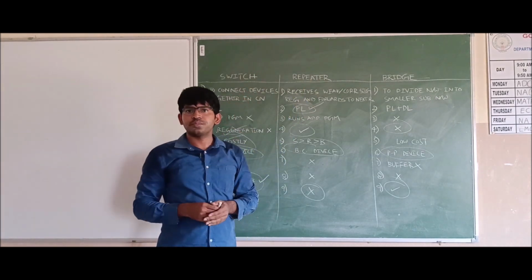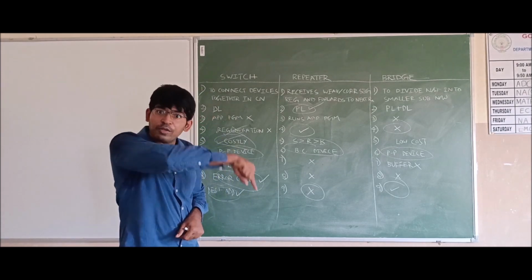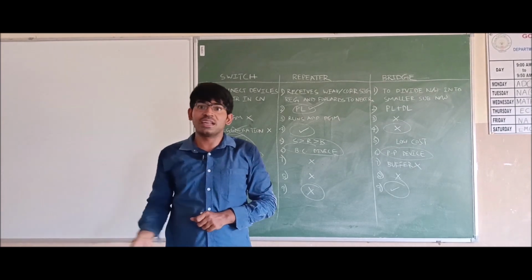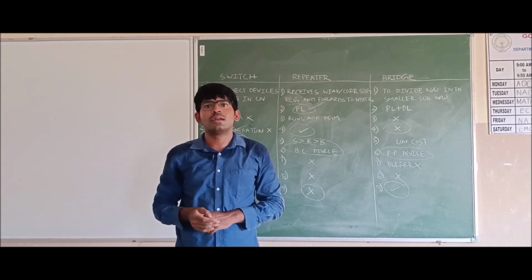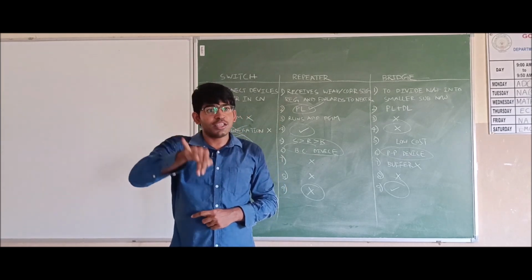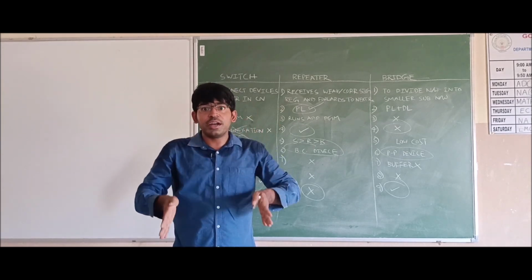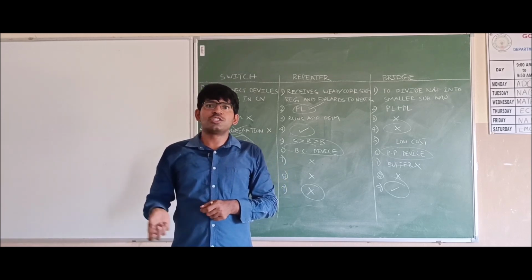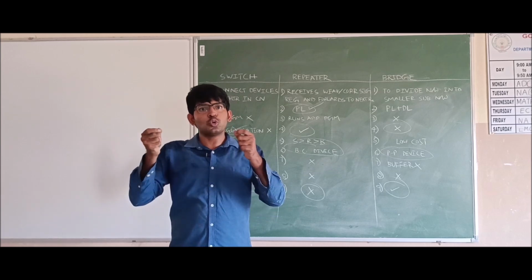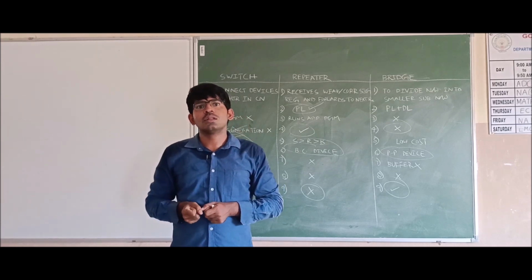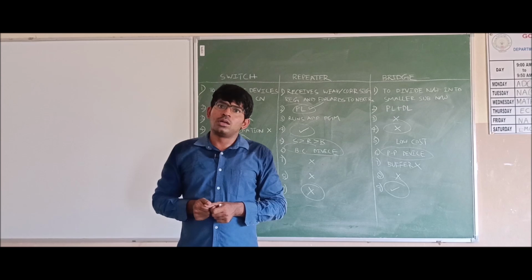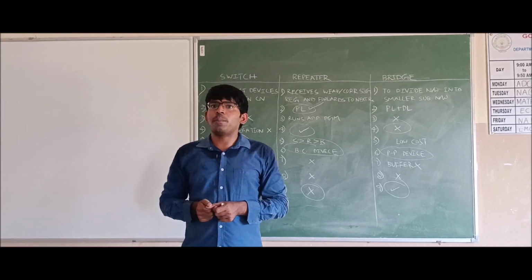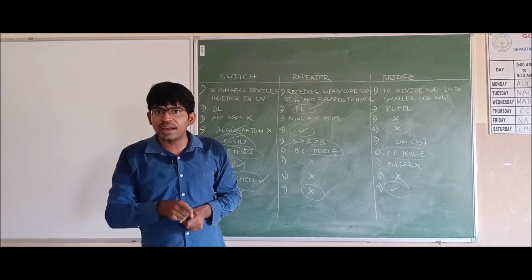Now you tell me, which device out of these three can regenerate the signal? Repeater. Which device do we use to divide a network into sub-networks? Bridge. Which device do we use to connect the two computers? Switch. Which device operates only at the physical layer level?